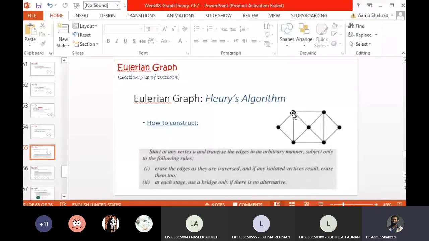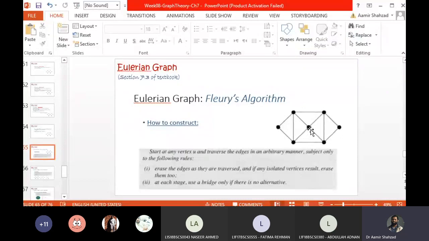And then move to any of next edge. Just be careful. Don't go to any bridge. Bridge की तरफ आपने तभी जाना है when you have traversed all other edges, क्योंकि एक बार आपने bridge cross कर दिया, so you cannot come back to it. So erase the edges as they are traversed.